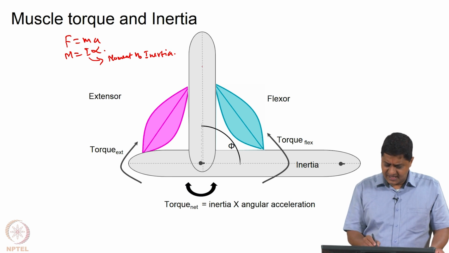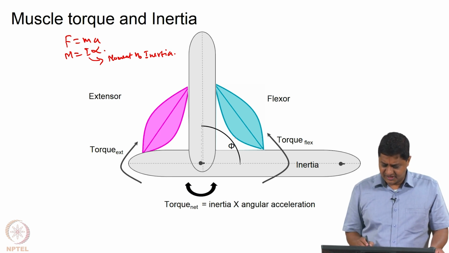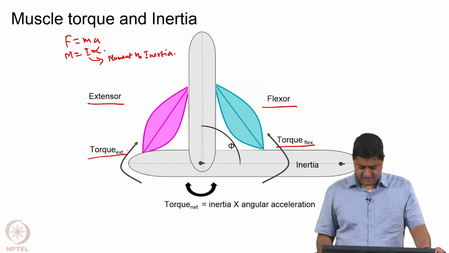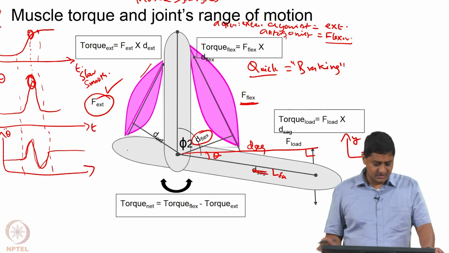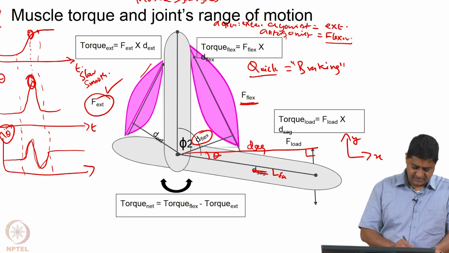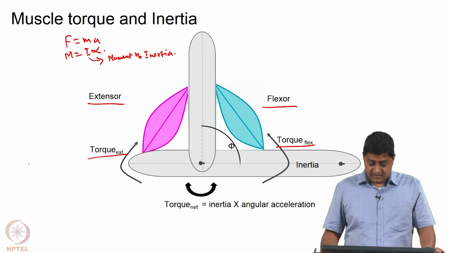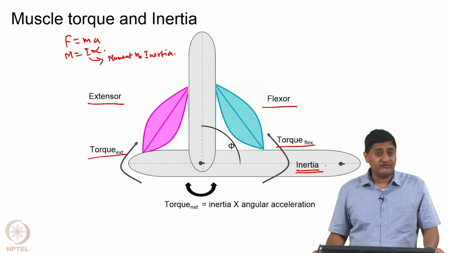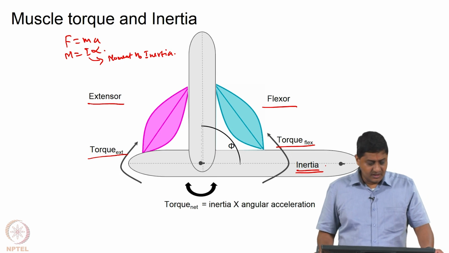So let us take the same case of flexion and extension. There is an extensor and a flexor here, the torque produced by the flexor is flexor torque and the extensor torque, right. Essentially the joint angular acceleration that we discussed, that is alpha, is influenced or affected to a large extent by the moment of inertia of this, right.